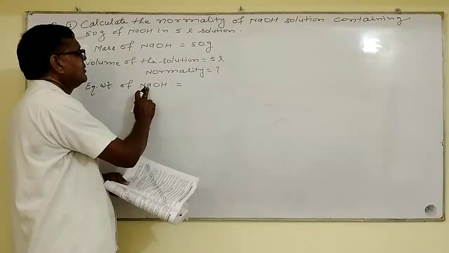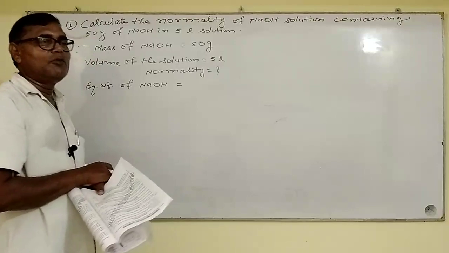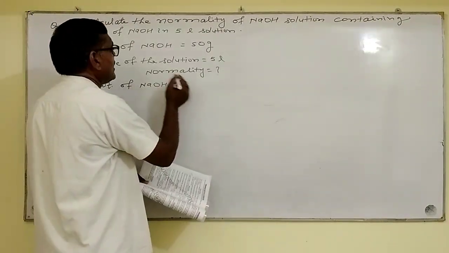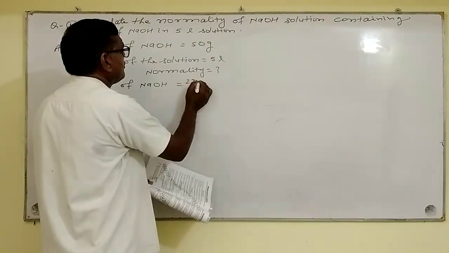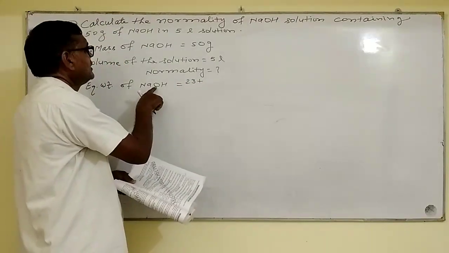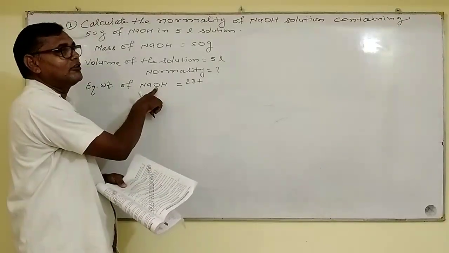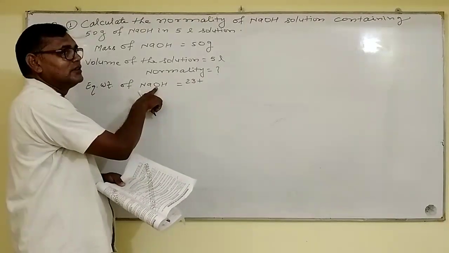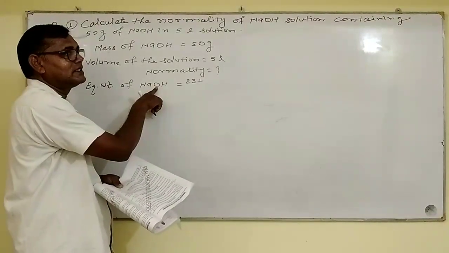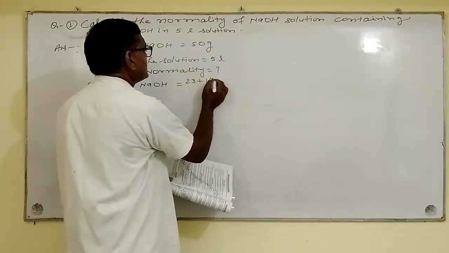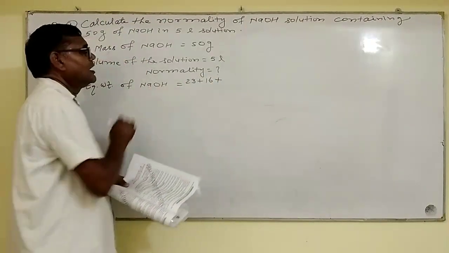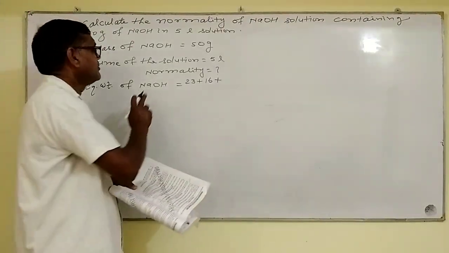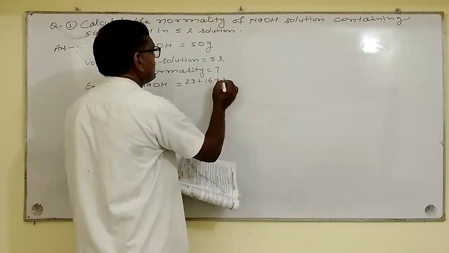Here NaOH 1 Na atom, atomic weight of Na is 23. We multiply 23 and 1 we get 23. In NaOH 1 oxygen atom, atomic weight of oxygen is 16. We multiply 16 and 1 we get 16. In NaOH 1 hydrogen atom, atomic weight of hydrogen is 1. We multiply 1 and 1 we get 1.